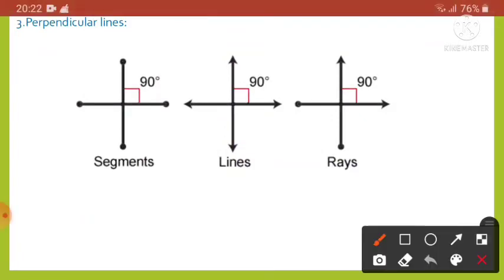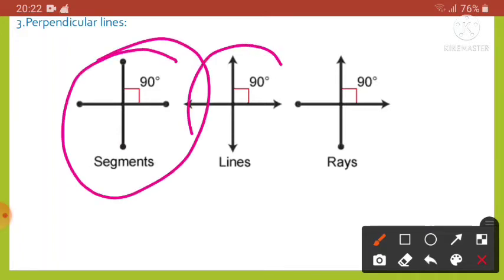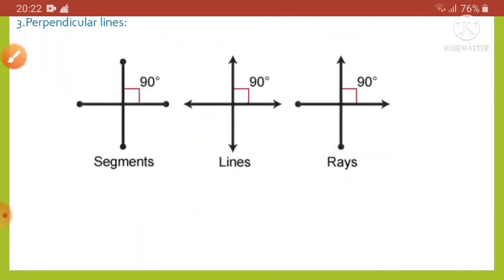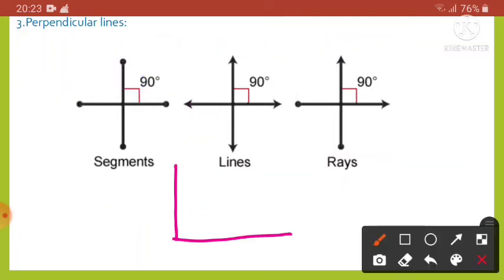Now the next point is perpendicular lines. When two lines, rays or line segments intersect each other at a right angle, that is, they form a 90-degree angle with each other, then the lines are called perpendicular lines. Here we are taking line segments, lines and rays, and the angle is 90 degrees. Suppose they are OX and OY, and the angle is 90.